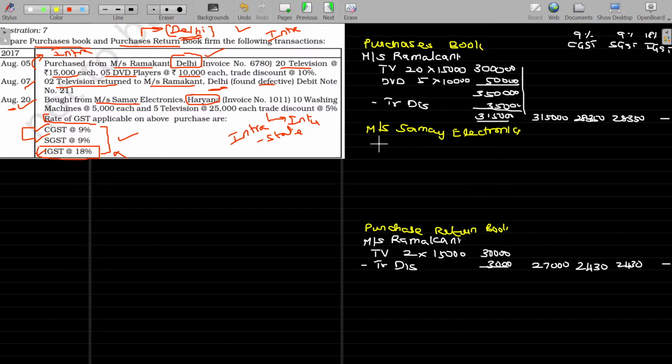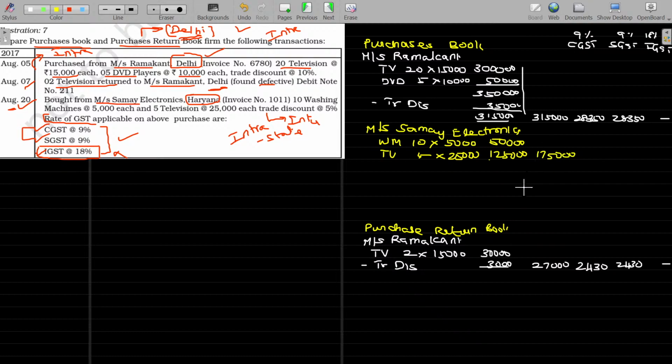And washing machines purchased. Number of washing machines being 10 and the price per washing machine 5,000, so 50,000. Televisions, 5 numbers, per television being 25,000, 1,25,000. And total being 1,75,000.